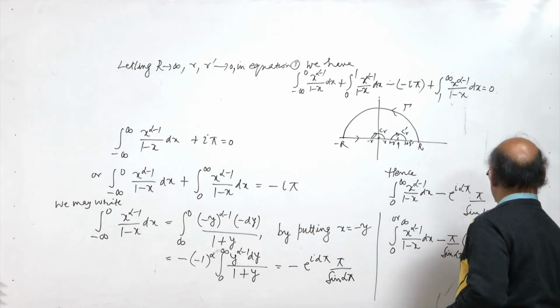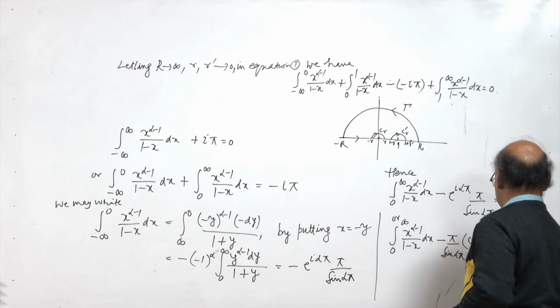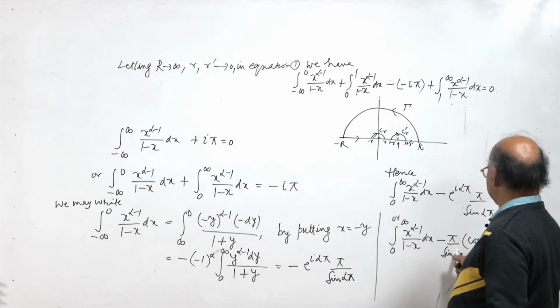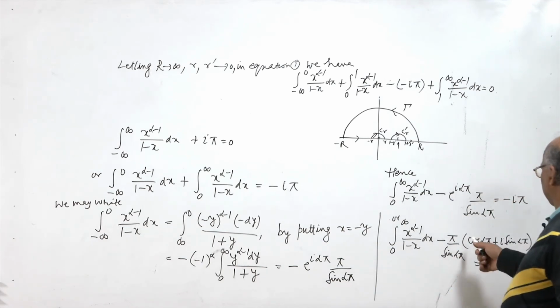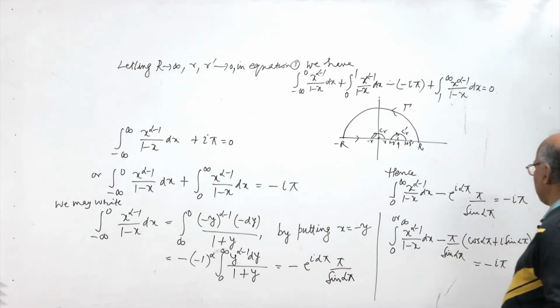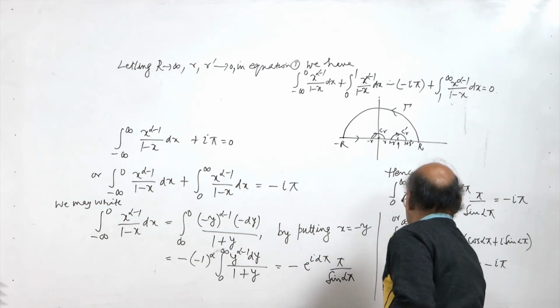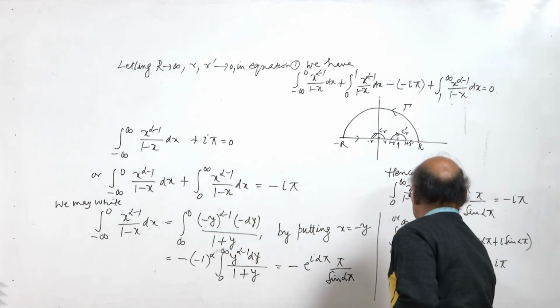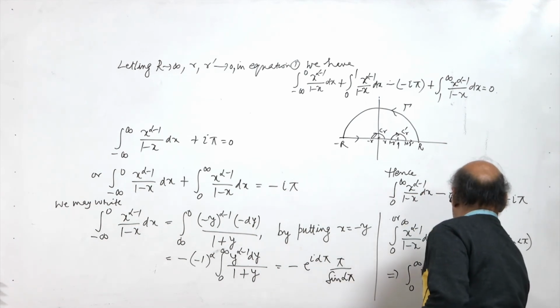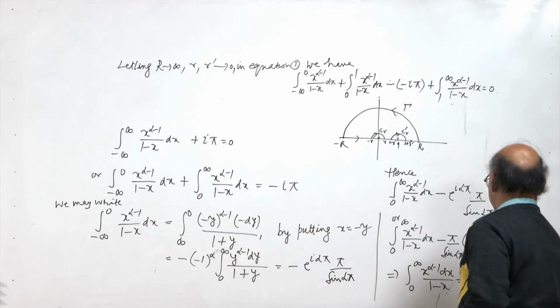So, this is equal to minus I pi. Now, when you multiply by minus pi sin alpha pi here, then you see that sin alpha pi will cancel, minus I pi will cancel with minus I pi, and we will get integral 0 to infinity of x to the power alpha minus 1 dx divided by 1 minus x equal to pi cot alpha pi.